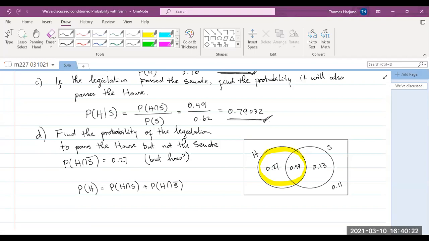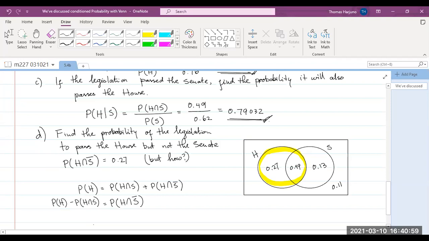Do you see that? So the probability of passing the House and not the Senate is equal to the probability of passing the House minus the probability of passing the House and Senate. Now, that's how we look into that. That's how we get that 27%, 0.27.